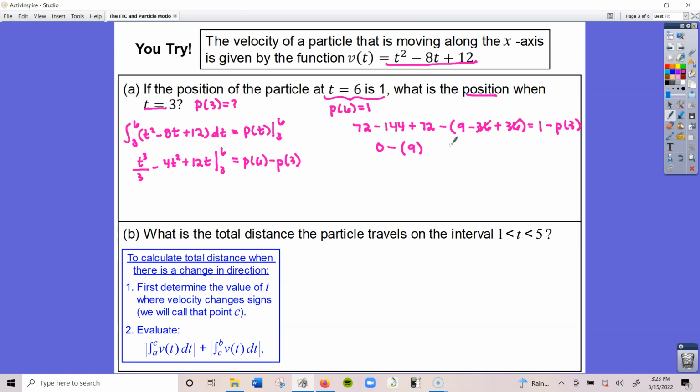So 0 minus 9, which is negative 9, is equal to 1 minus p of 3. If I subtract 1, I get negative 10 is equal to negative p of 3. Divide both sides by negative 1. I get that p of 3 is equal to 10.